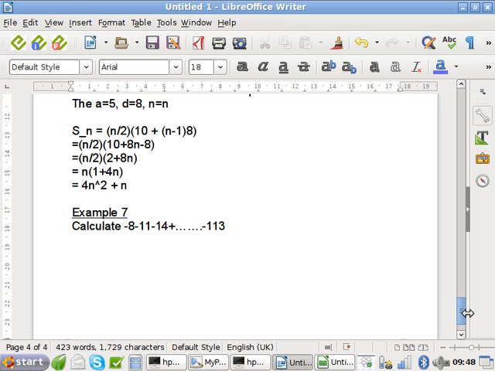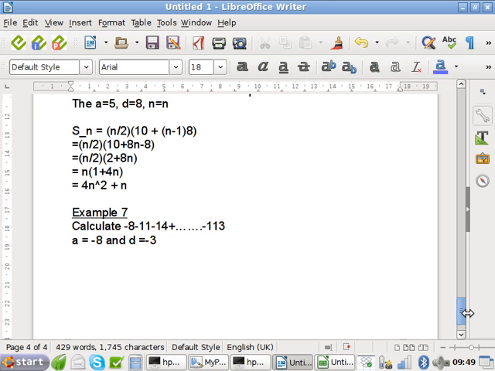Is there any example that's like this one where you don't have the n? The problem here is you don't know the n. But have we done an example where you can find the n? So, the a is no problem. What's the a here? Minus 8. And the d is no problem. It's minus 3.